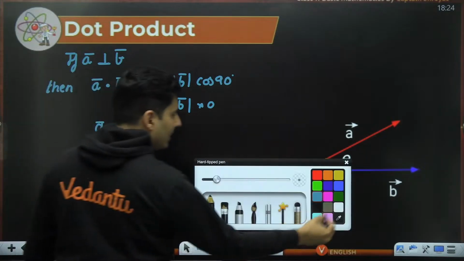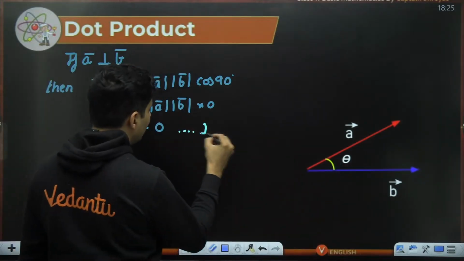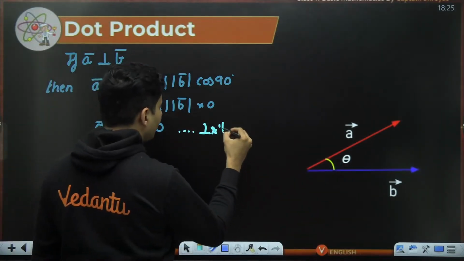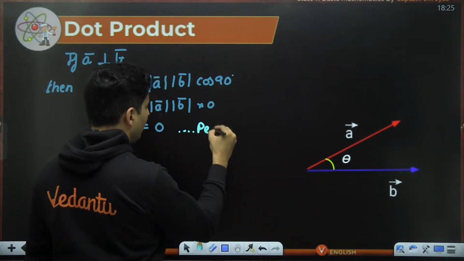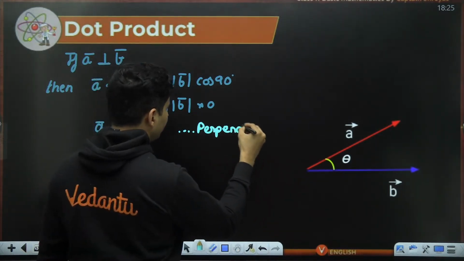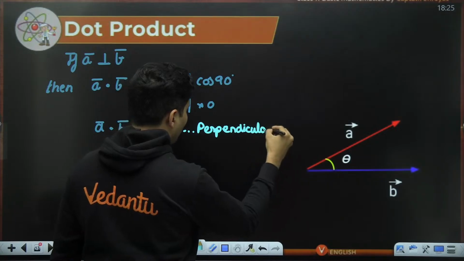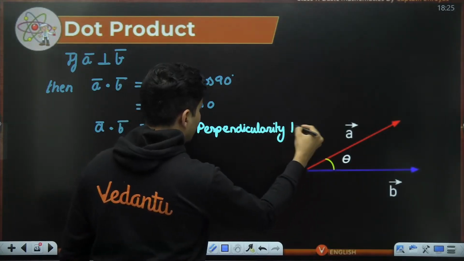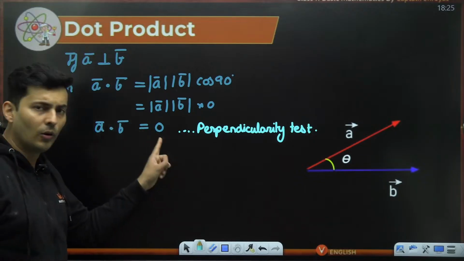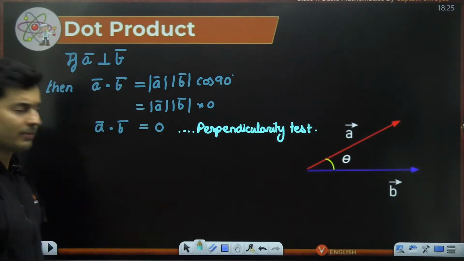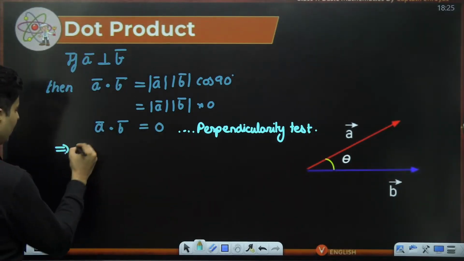This in fact is called the perpendicularity test, which means if the dot product of two vectors is 0, then the vectors must be perpendicular. This is very, very important.